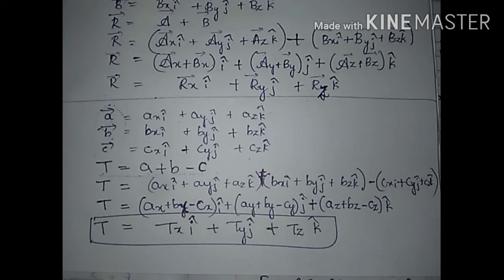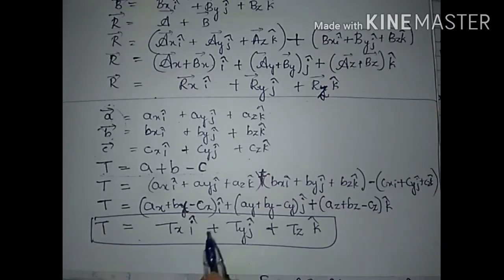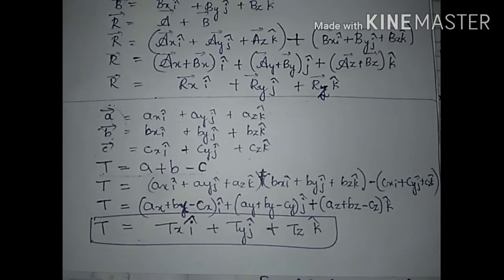So after grouping, you will get T is equal to Tx i cap plus Ty j cap plus Tz k cap. Now we have done this in a very easy manner. Hence the analytical method is simpler compared to the graphical methods which we have done so far.